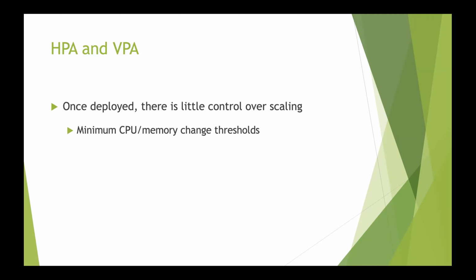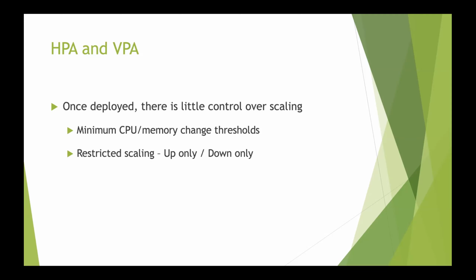Even if there's a small recommendation change, the scaling will happen, which might not be an ideal scenario. For example, with VPA, in case of vertical scaling, the deployment might go through a rolling update, and if that happens for every small change, then it might be disruptive to the application. So this kind of freedom is not there, for example, with VPA.